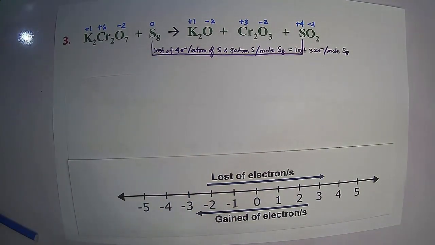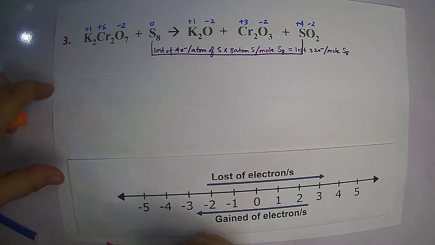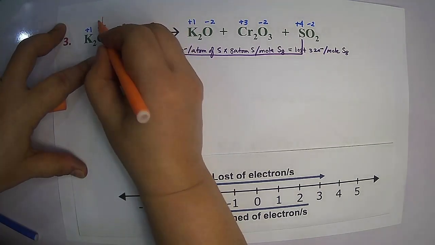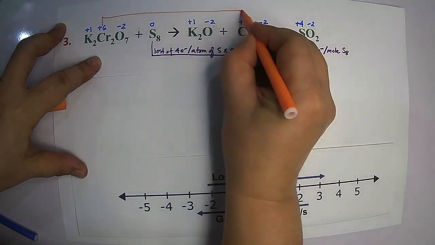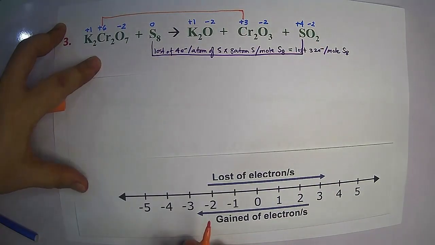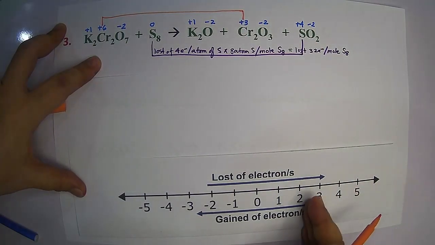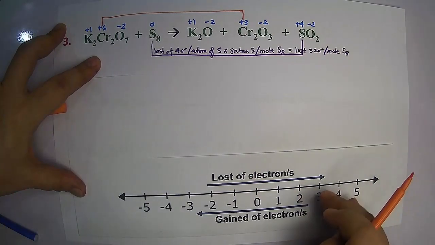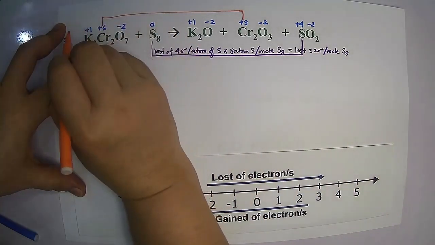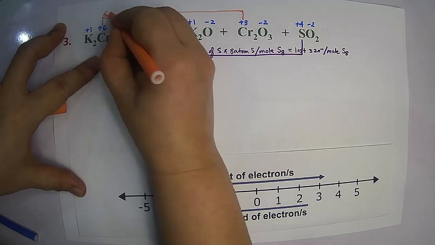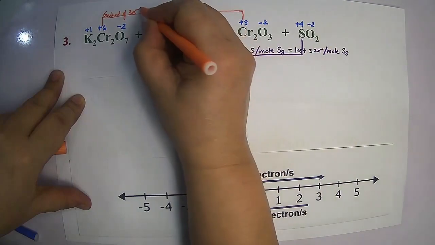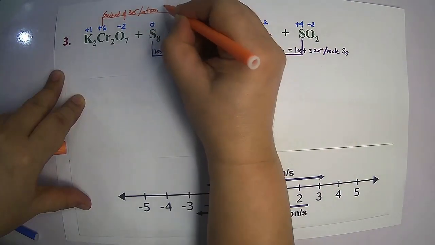The crystal state. Next, the element that changes state is chromium, from positive 6 to positive 3. Positive 6 to positive 3, you're going to the left of your number line. So you move 3 units. So there is a gain of 3 electrons per atom of chromium.